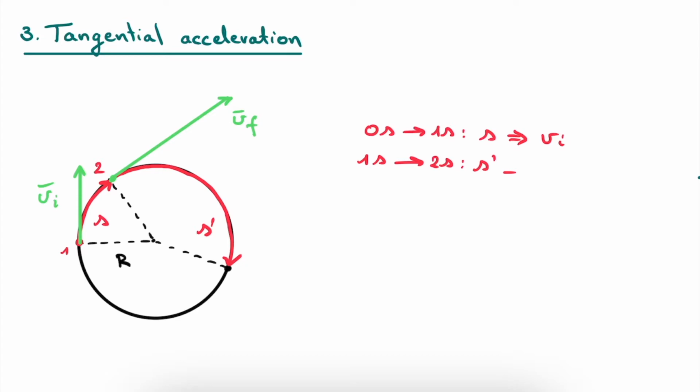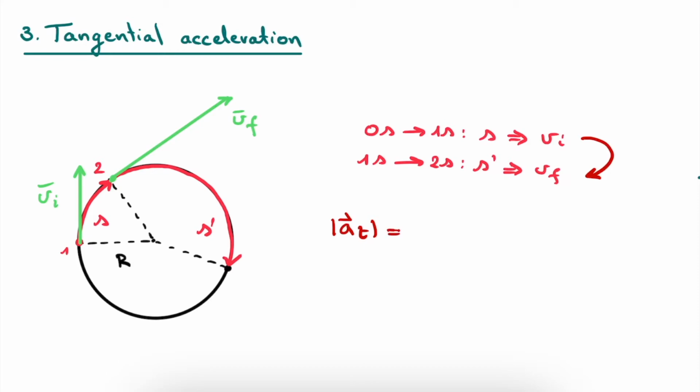And from this, we can calculate a final velocity, which we have over this second period. And from this, we see that our tangential velocity increased. So there was a change in velocity. And as we know, a change in velocity comes with an acceleration, namely the tangential acceleration of this circular motion.